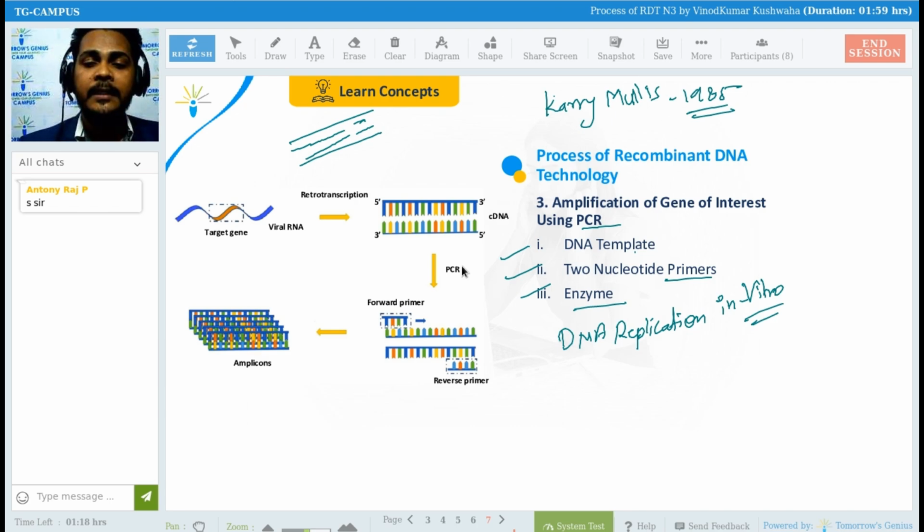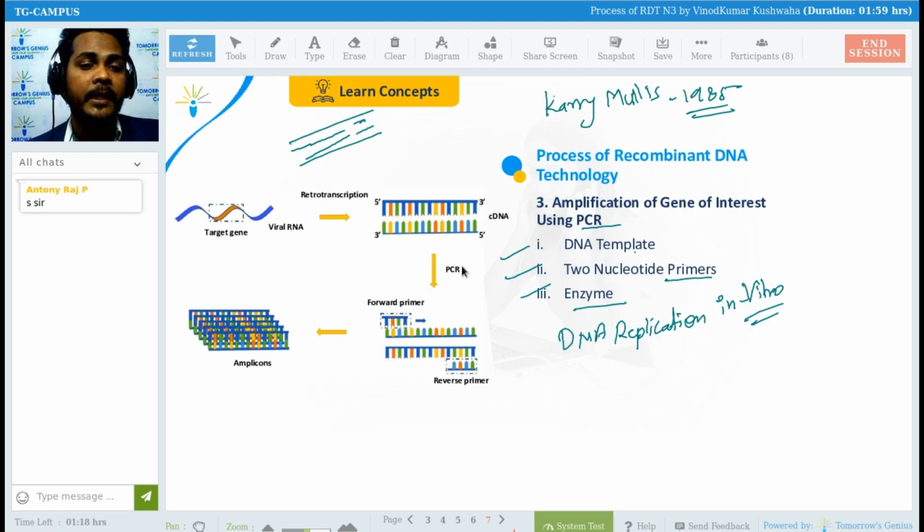Another thing you require is two primers, because primers are oligonucleotides that hybridize to the target DNA region. One to each strand of the double helix is required, and that's why, because DNA is a double helix, two primers are required.